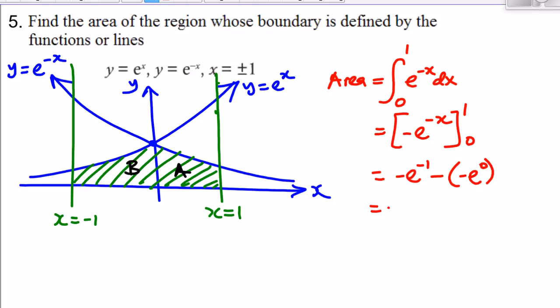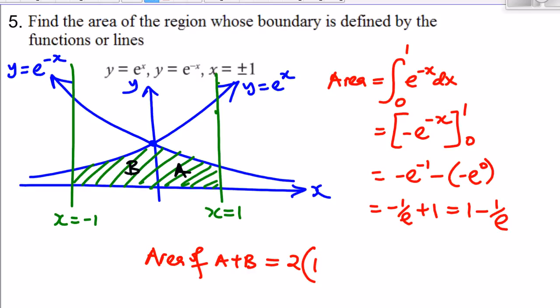That will give me negative 1 over e plus 1, which is equal to 1 minus 1 over e. So the area of A and B will be 2 multiplied by 1 minus 1 over e. That's it.